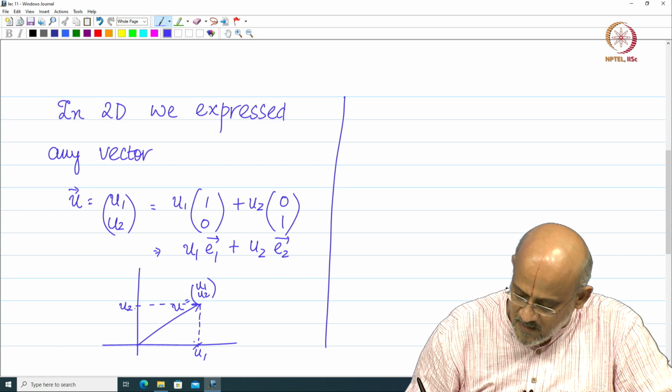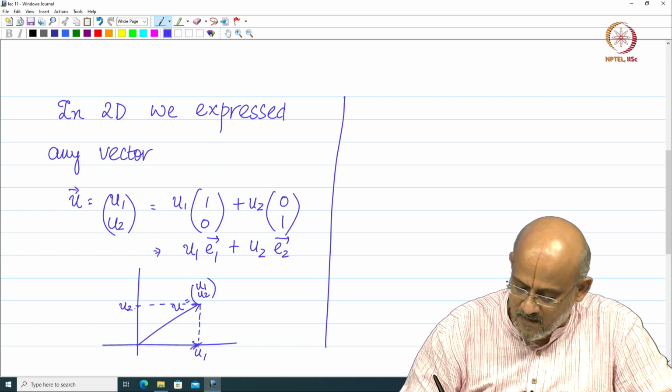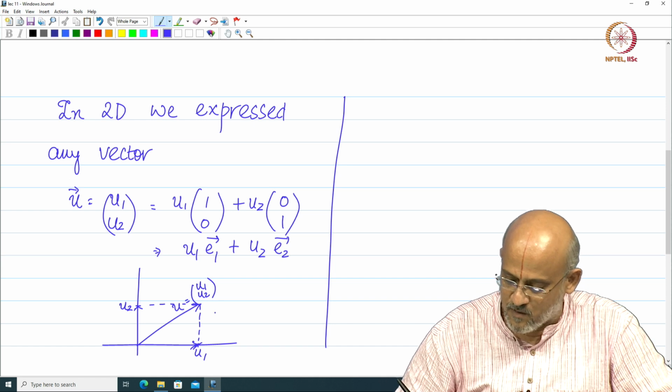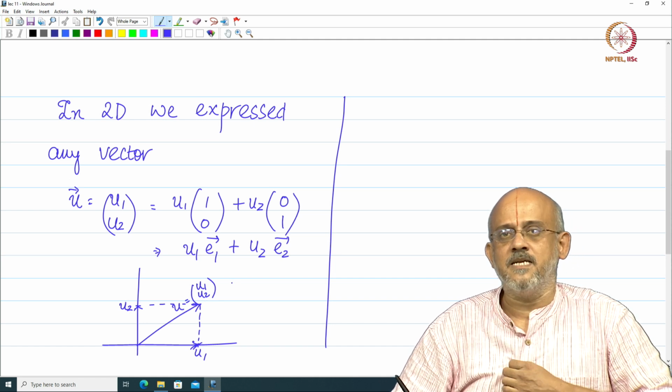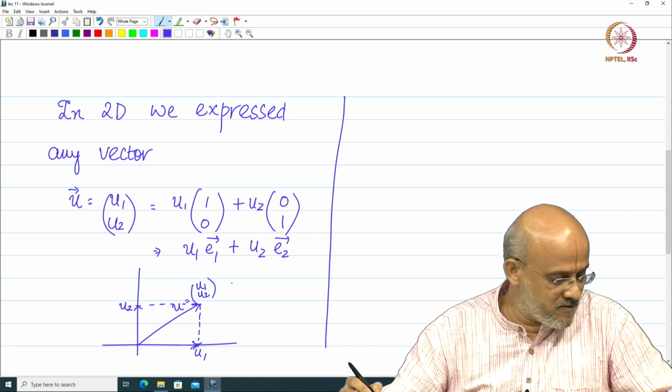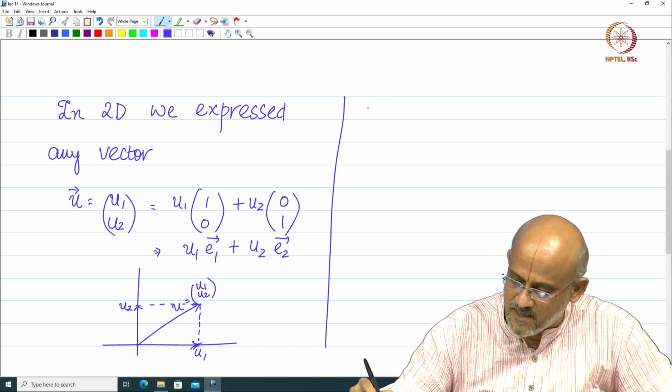So essentially this vector is u1 times 1 0 and this vector is u2 times 0 1. So this vector u equal to u1, u2 can be expressed as a linear combination of the vectors e1 and e2.